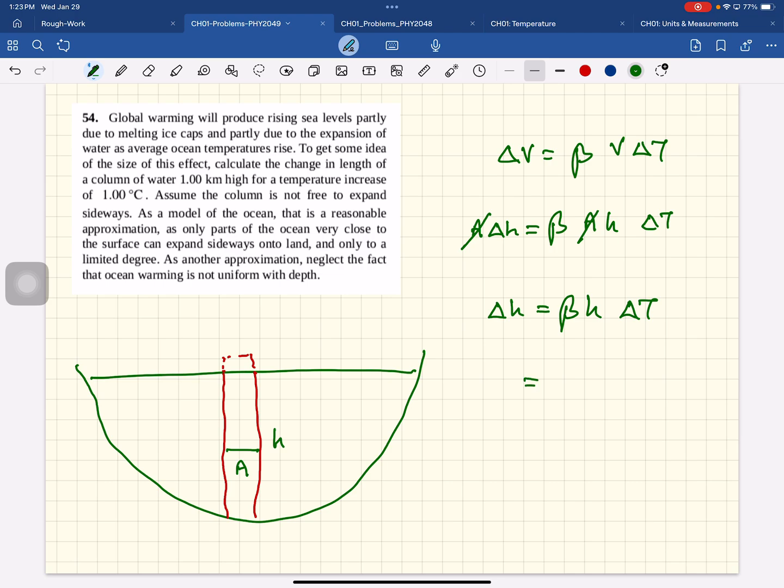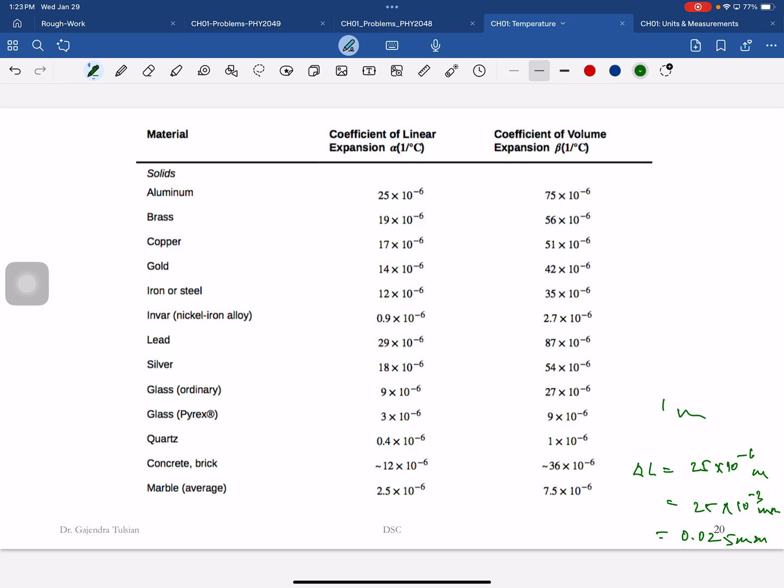So let's look up beta for water. Here's the volume expansion coefficient for water.